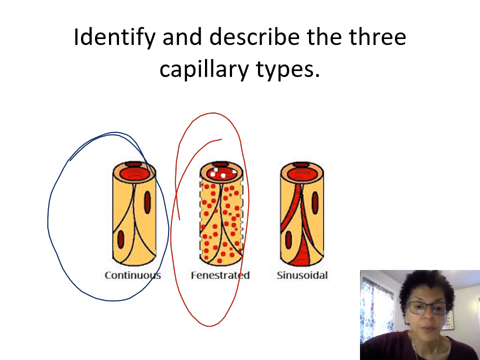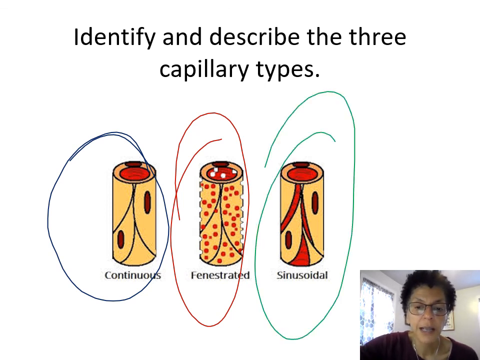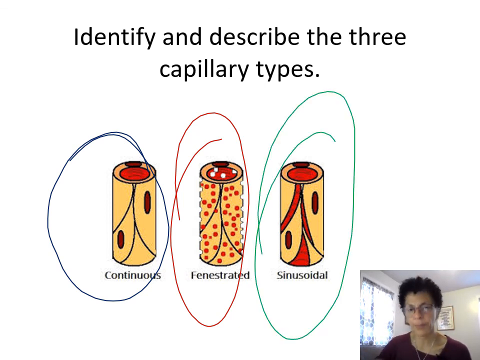Now the last one here, sinusoidal. Even if you look at this diagram, you can see they have the biggest clefts, the biggest spaces between the cells. So they are for big things. What crosses their membranes are things like plasma proteins and immunoglobulin cells.